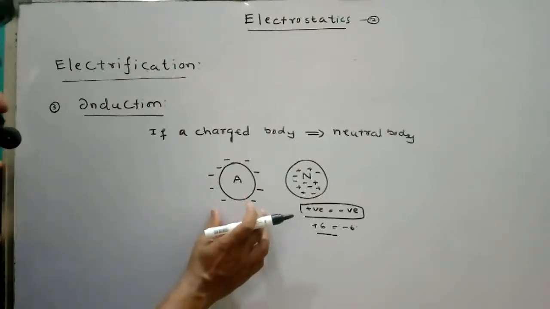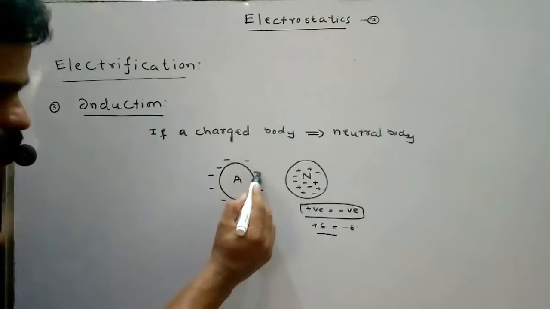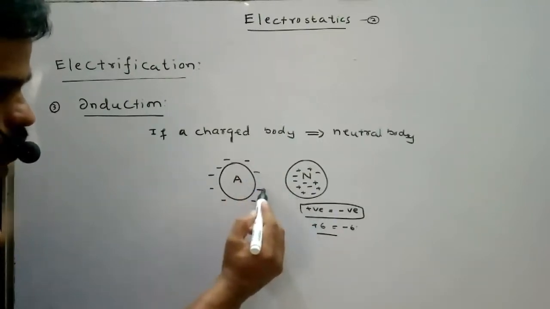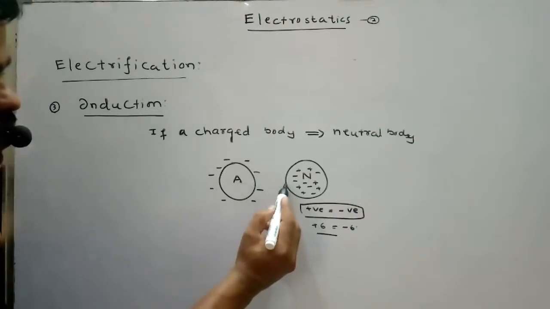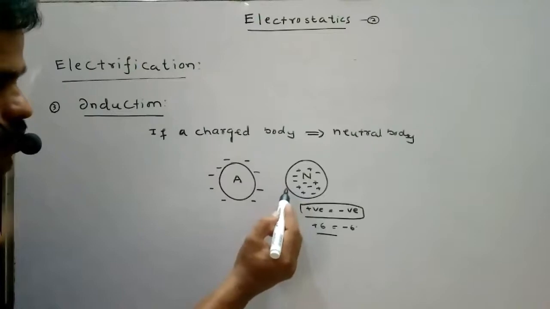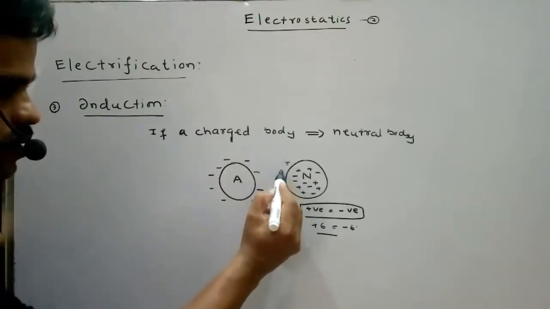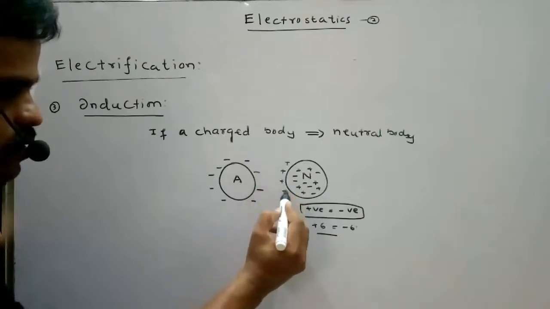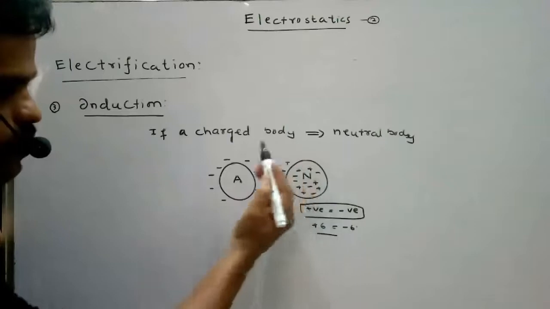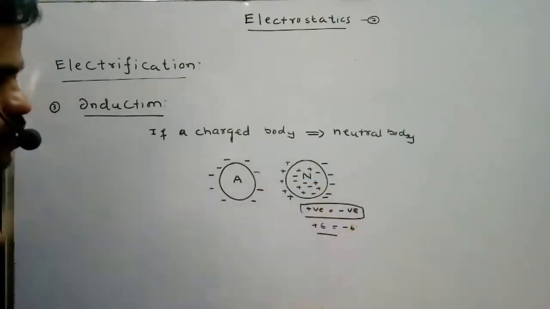When the charged body, which has negative charge, is brought near a neutral body, first of all it will repel similar charge in the neutral body and attract opposite charge. That means it gets positive charge on this side and negative charge induced on the opposite side.